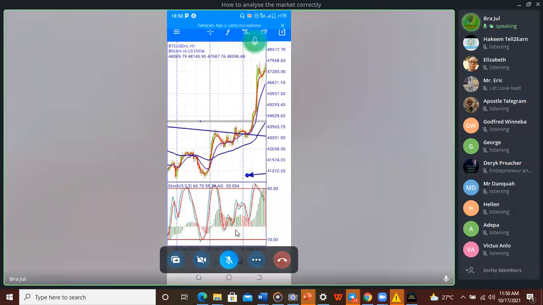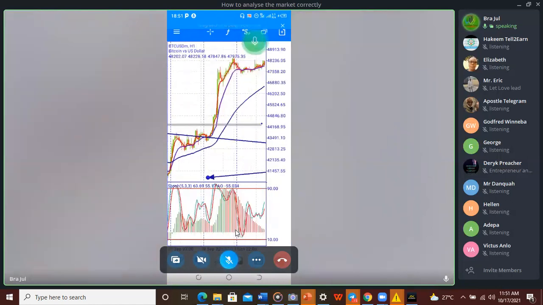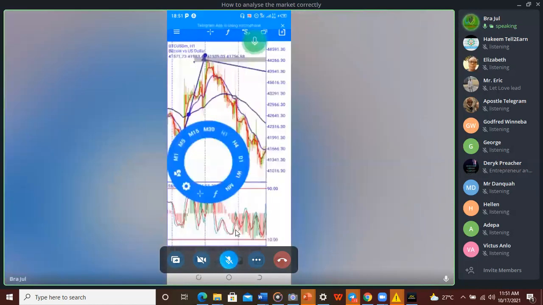When we're talking about trend, it means that the market is moving in one direction, for example upward, creating what we call higher highs and higher lows. If it is in an uptrend, you should see a pattern like this. Let me draw a small pattern using the arrows.